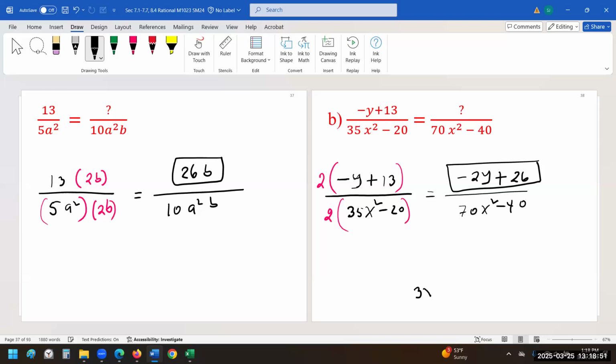Let's say you have 3x and you're multiplying these two. What do you get? So why didn't I write 6 and then 2x? See? Same reason. When you multiply, only multiply the numbers.